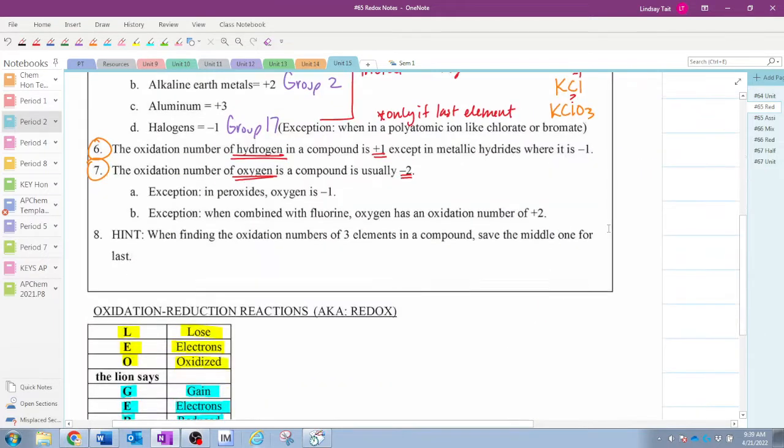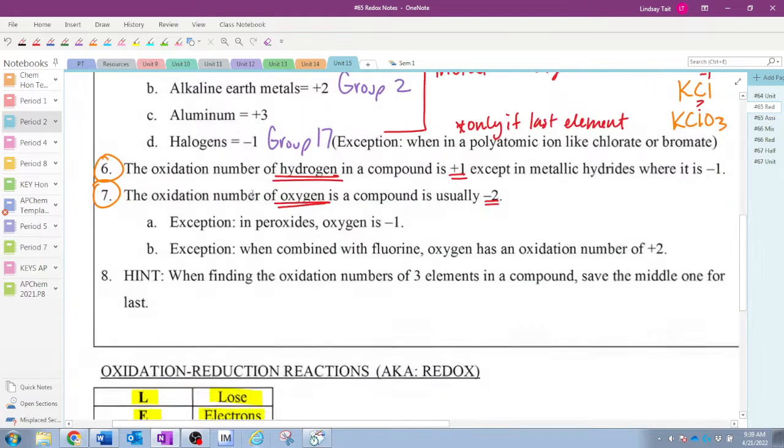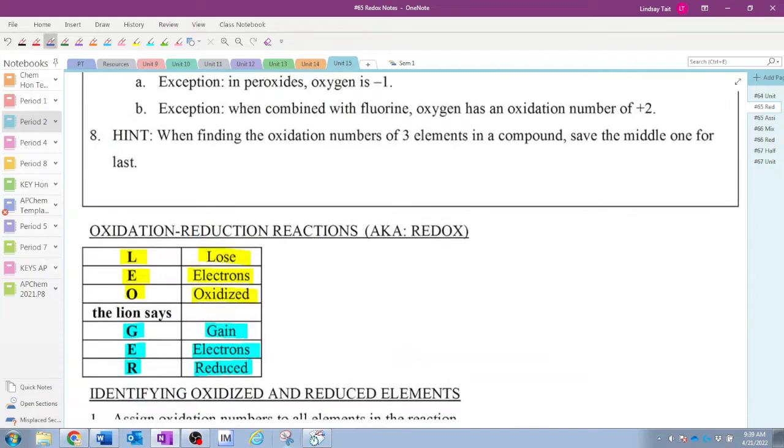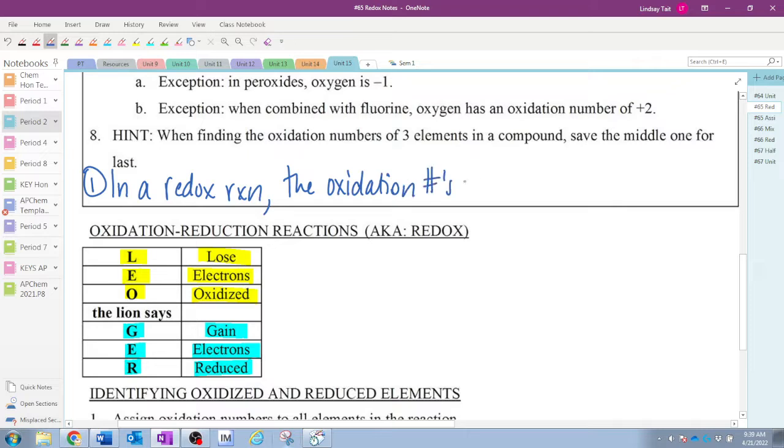All right, so step one, we want to be able to identify if a reaction is a redox reaction. So how are we going to do that? The most specific way to do it is that we're going to check oxidation numbers. Because in a redox reaction, the oxidation numbers of two and exactly two elements change.